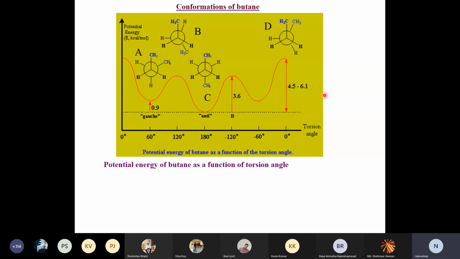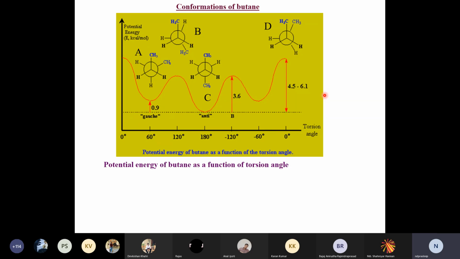Clear? So the least energy conformer is the anti form, no doubt. The minimum energy conformers are anti as well as gauche. Both will exist at room temperature, because gauche is only 0.9 kilocalories.